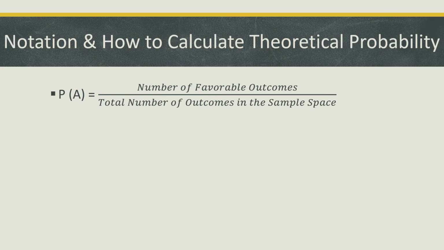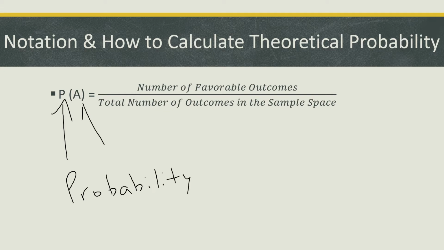Let's talk about the notation. This is the way it's going to be written. P stands for probability. A is your favorable outcome that you're focused on. Oh, my screen is going crazy.